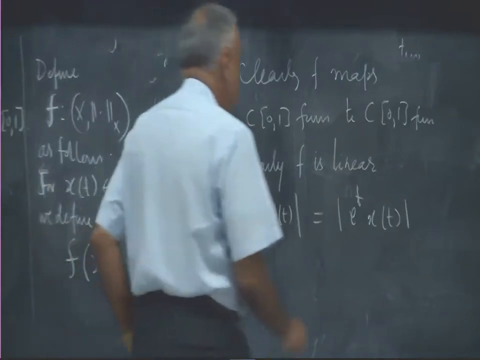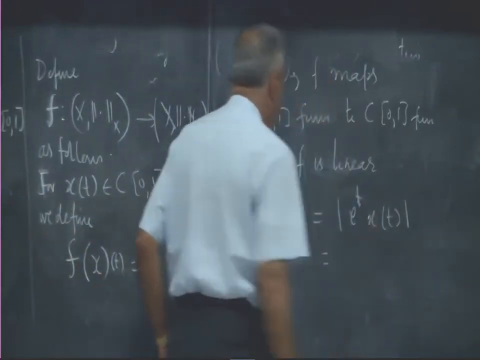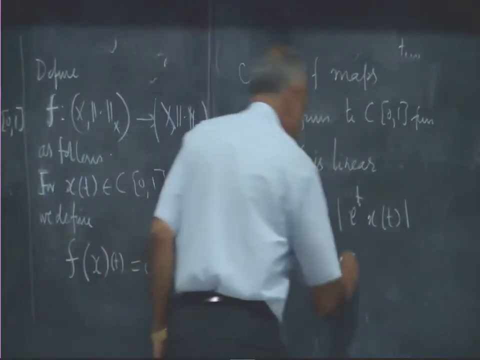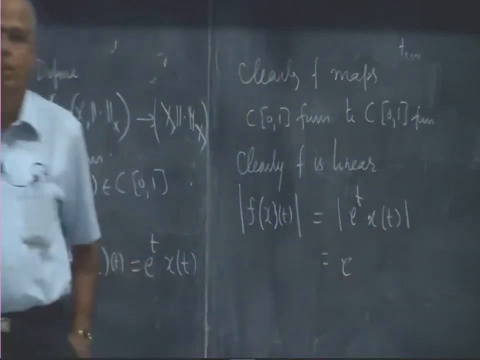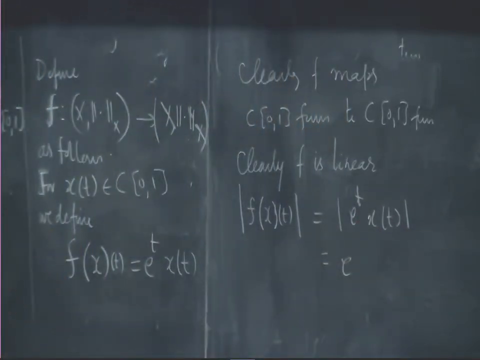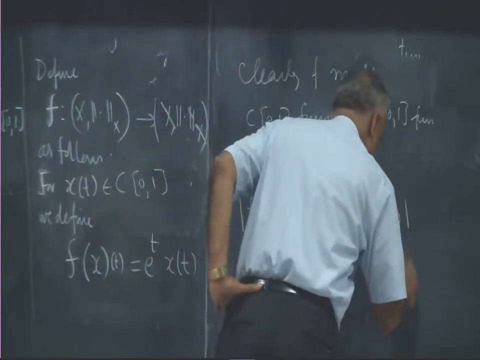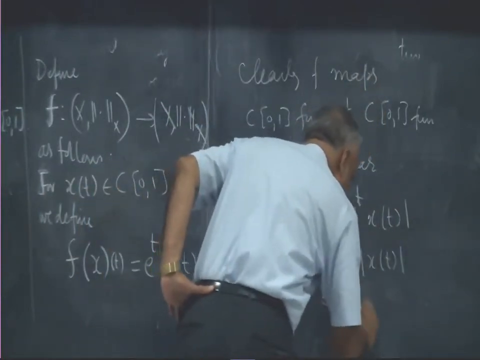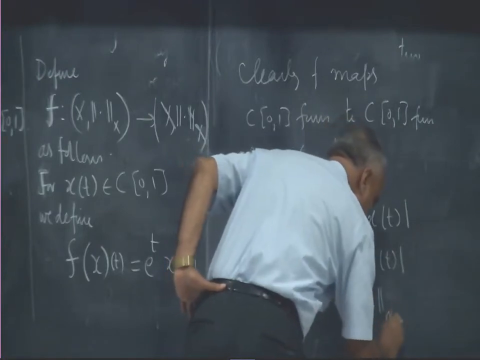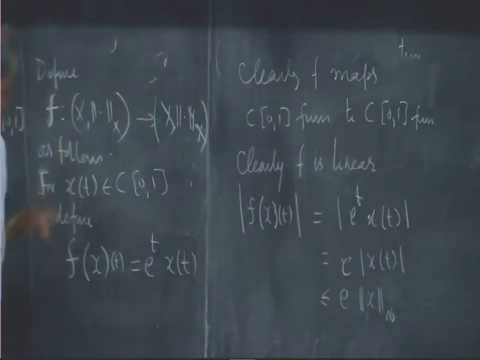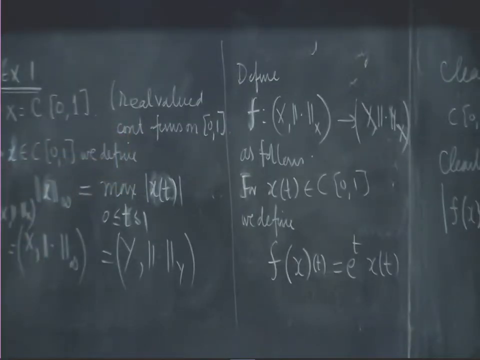Now, what is the maximum of e to the t? e to the power of 1, times mod x(t). But mod x(t) is less than or equal to its maximum, which is what is known as the norm of x.